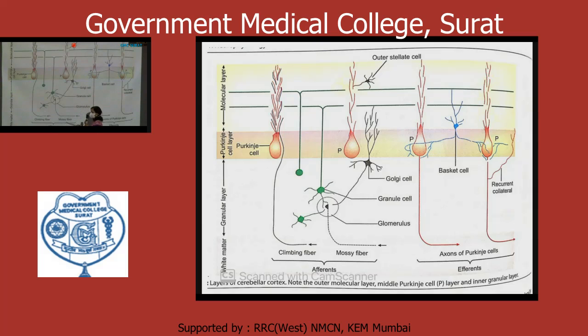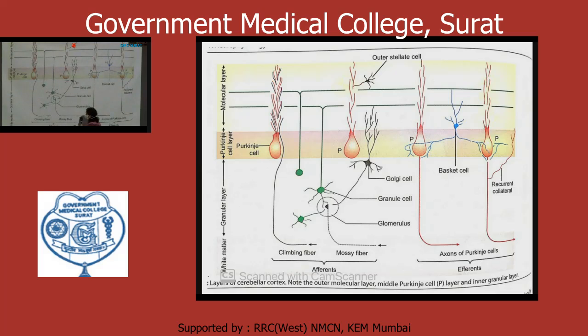The weak action potentials are generated in the mossy fiber, whereas in the climbing fibers strong action potentials are generated. They are also known as complex spikes. And the weak action potentials which are generated in mossy fibers are known as simple spikes.